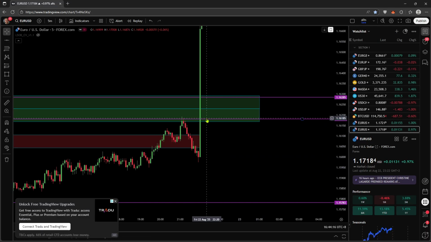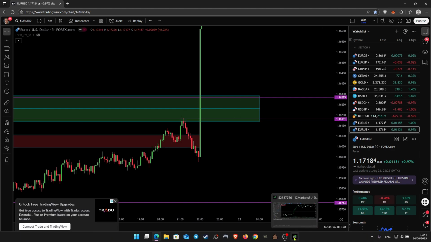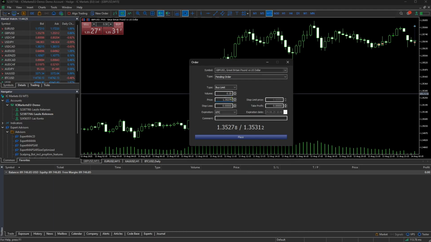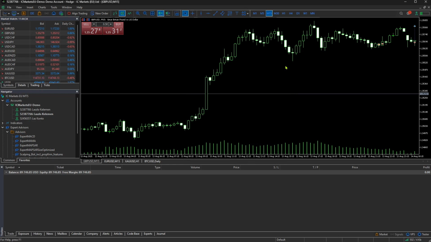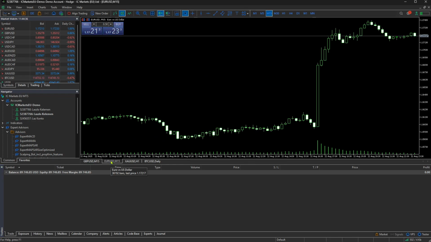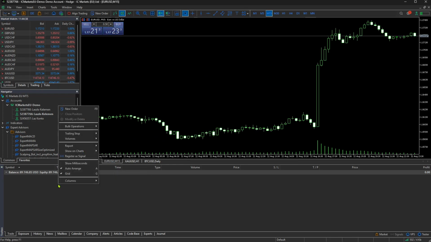The entry price for us, then we go back to TradingView. The entry price is this one, above, in the green box, a little bit above the green box. It's 1.16183. Oh my god, this is British pounds, sorry. Euro USD, of course.